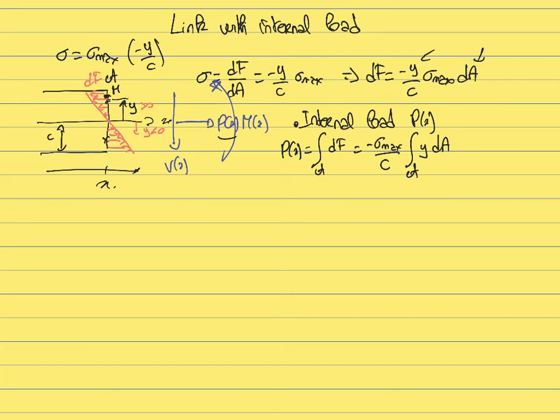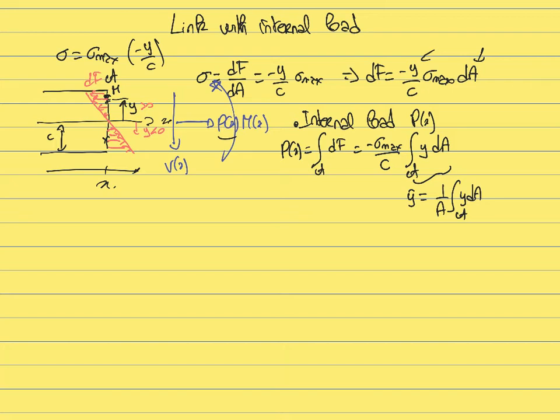This term looks very similar to the position of the centroid of the cross section. Why? Because I have defined that the position of the centroid is given by the integral of y dA over the cross section divided by the area. That is the definition of the centroid. So this term is the area times the position of the centroid.